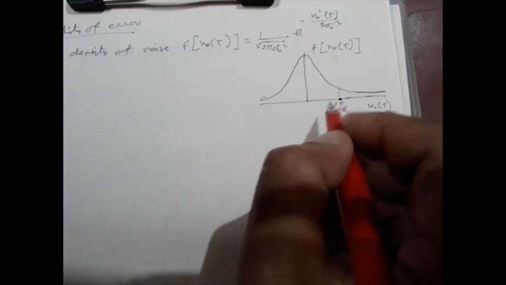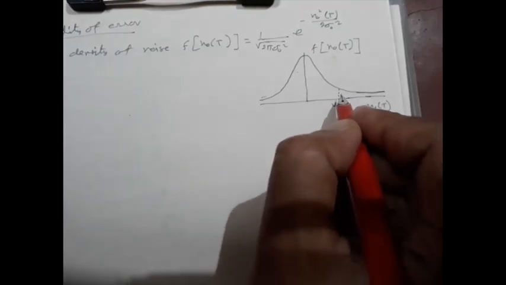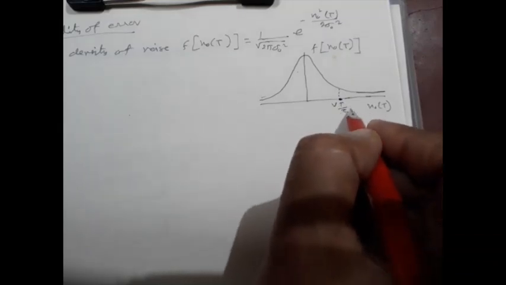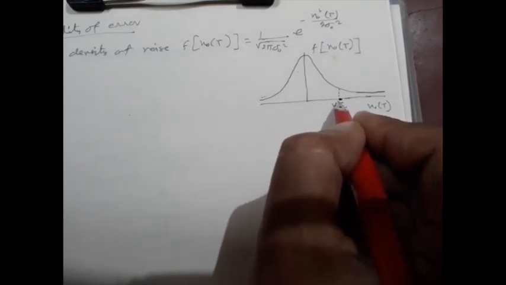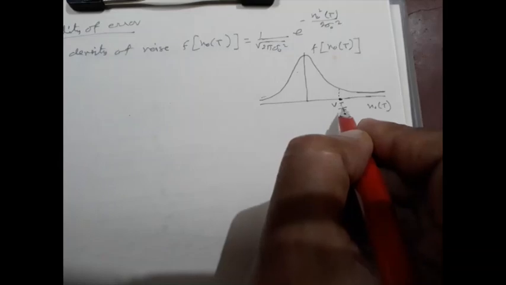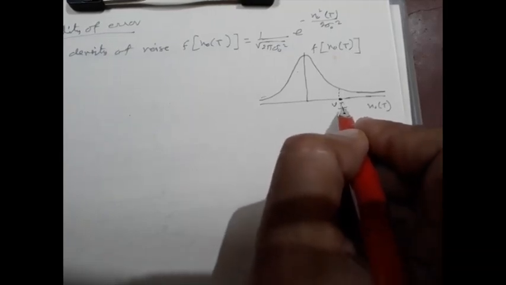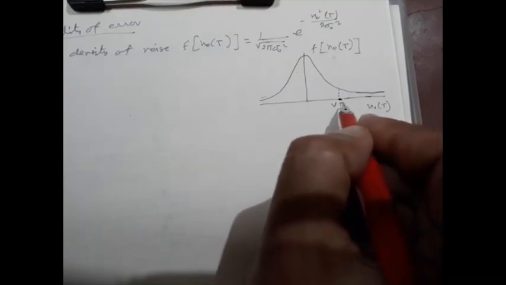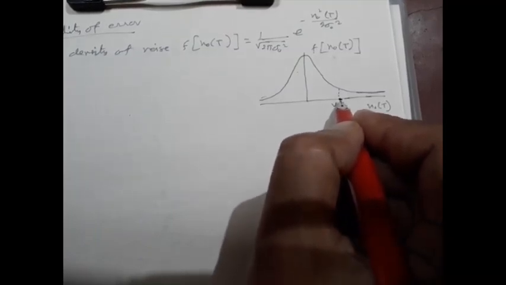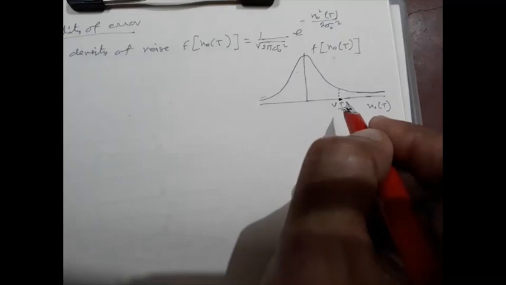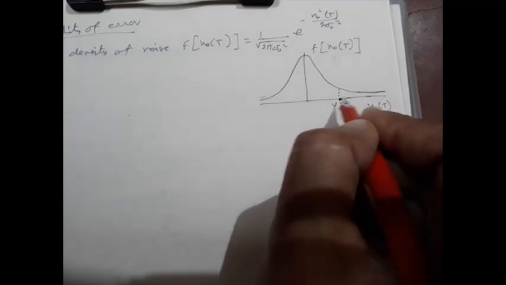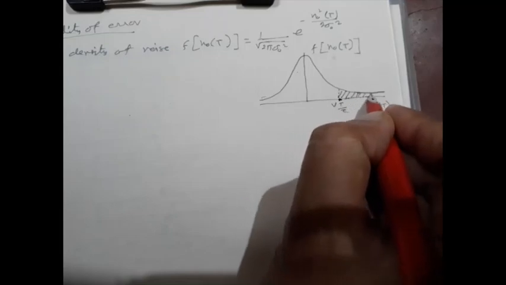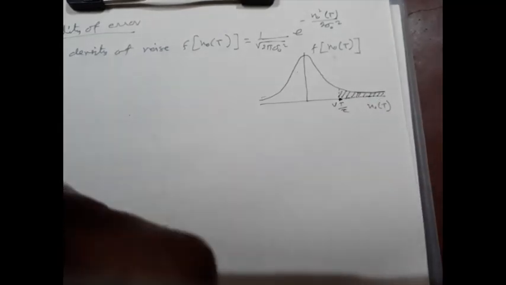The error will occur when the noise voltage is greater than VT by tau, where VT by tau is the maximum signal voltage at the output when we take the sample. That means when noise becomes larger than the output signal part, then only the error can occur. So this area will give us the amount of error.